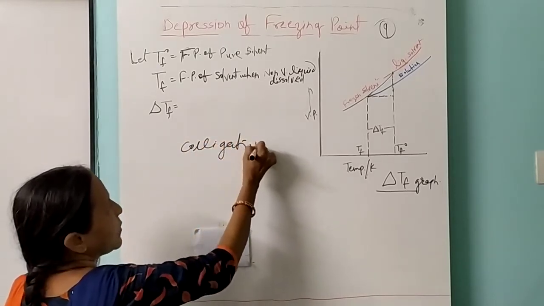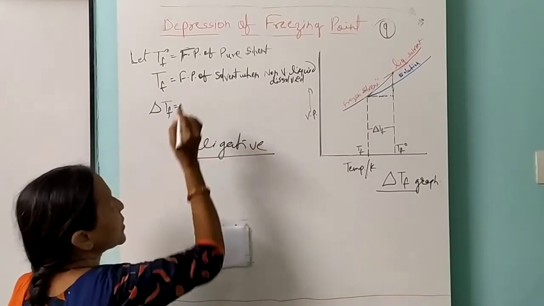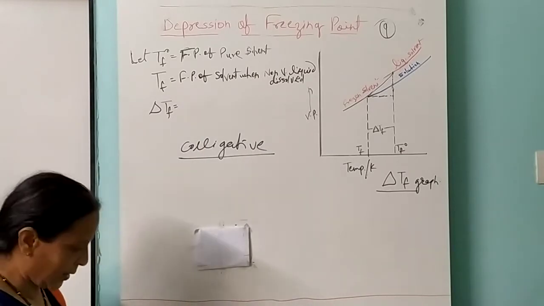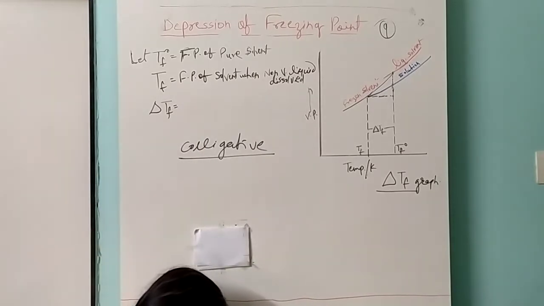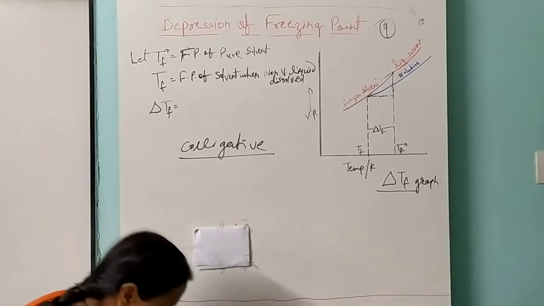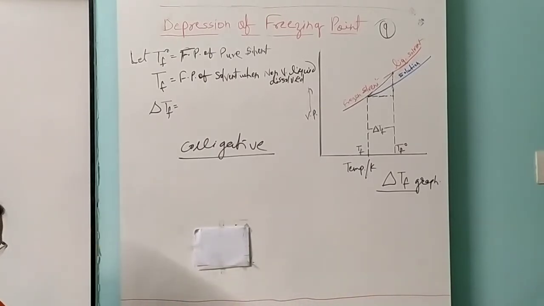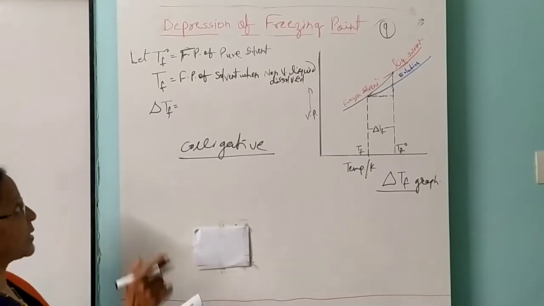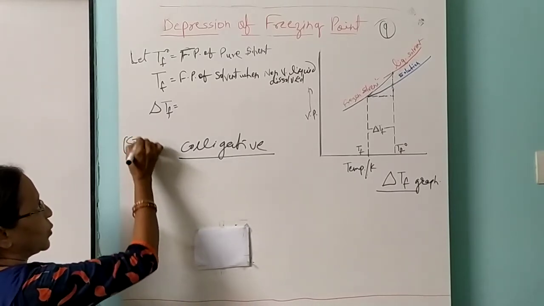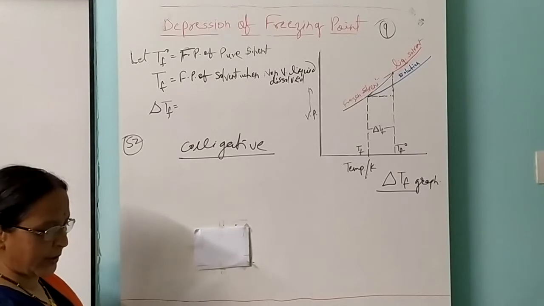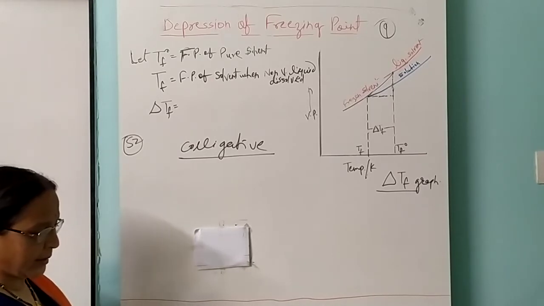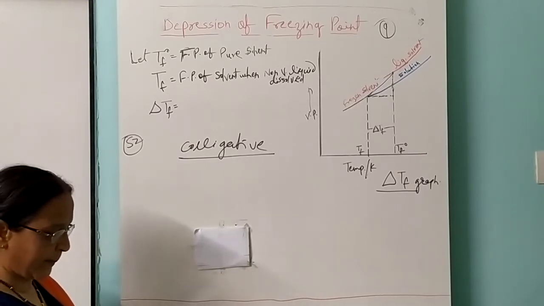This is also related to vapor pressure. In our textbook, students, it is given on page number 52, depression of freezing point.